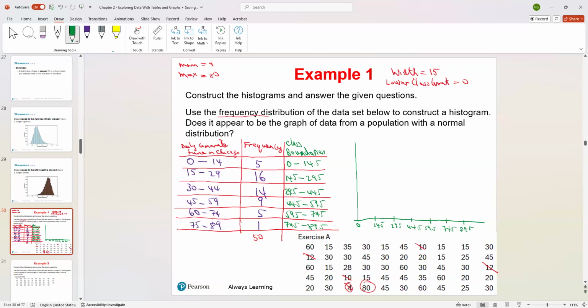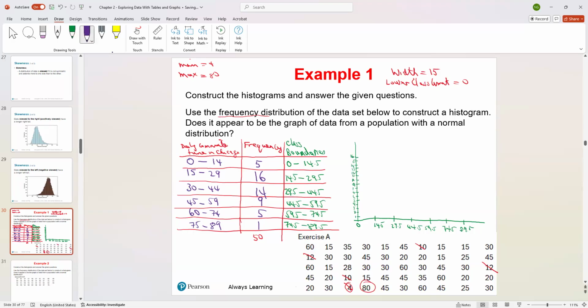So we need to count from 1 up to 16. I try to put them very small. Feel free to do something different if you don't like it this way.